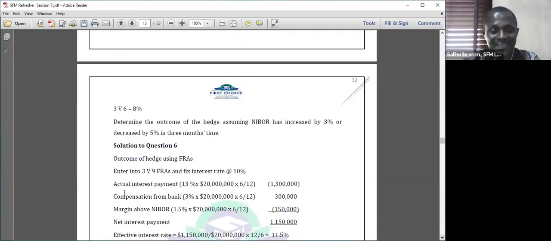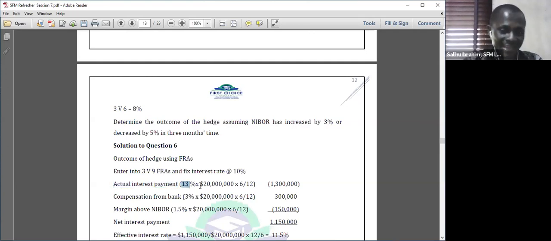So this 13% is the actual interest rate on the transaction at the end of the contract, that is the date you want to borrow. Use it to calculate the interest payment.